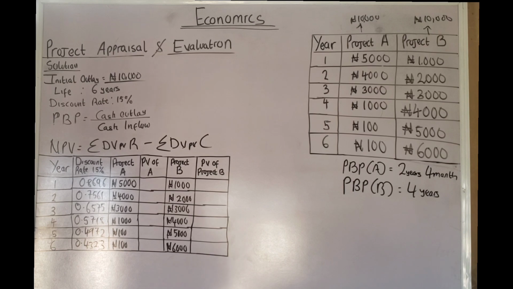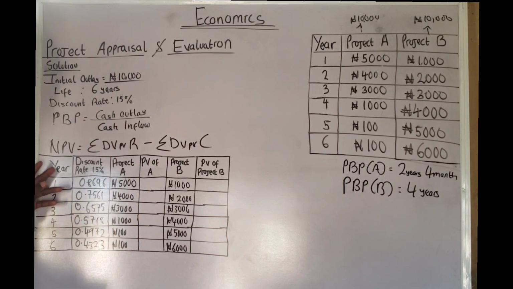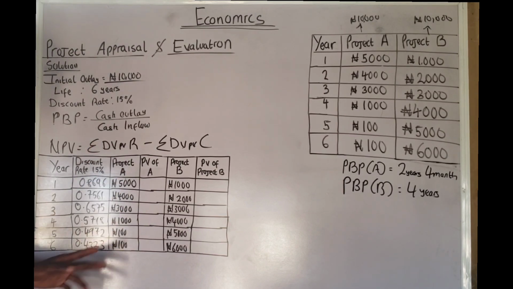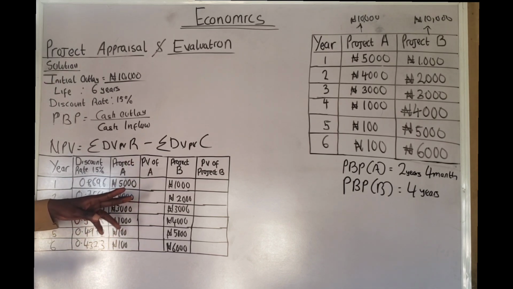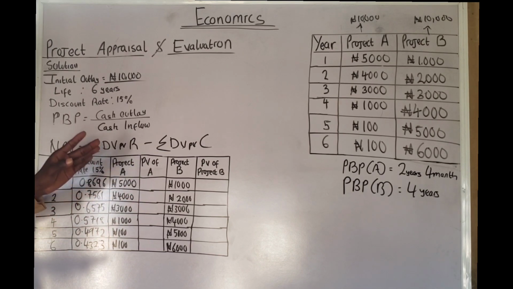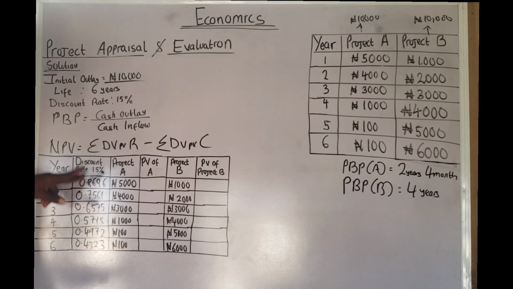Now, to get the present value of project A, we have been given the income stream of project A for each year from year 1 to year 6. This. You understand? Now, the PV means the present value. To get the present value of project A, we have to take the product of the discount rate of each year and the income stream of each year.